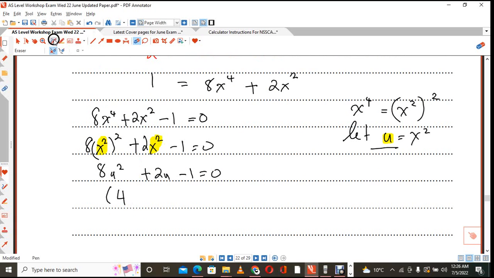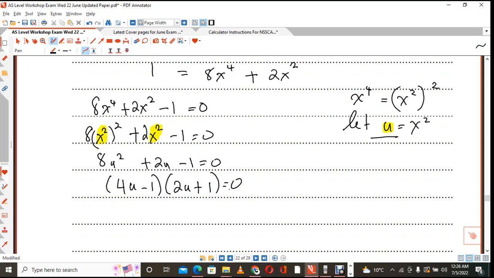It's going to be 4u minus 1 in one bracket and 2u plus 1 in the other bracket, equal to 0. So we can solve for u and then put back our values. This is going to be u equals 1/4 or u equals negative 1/2.